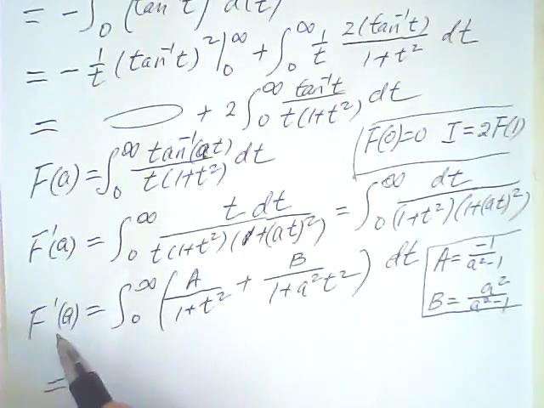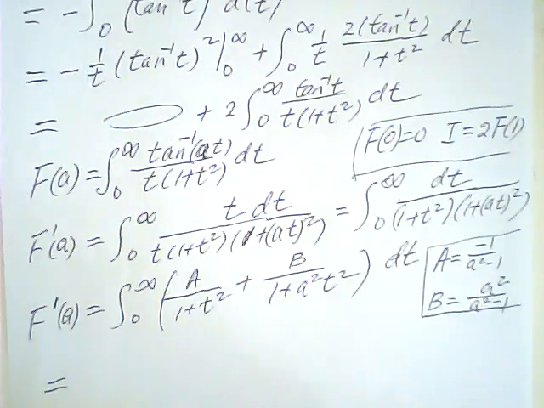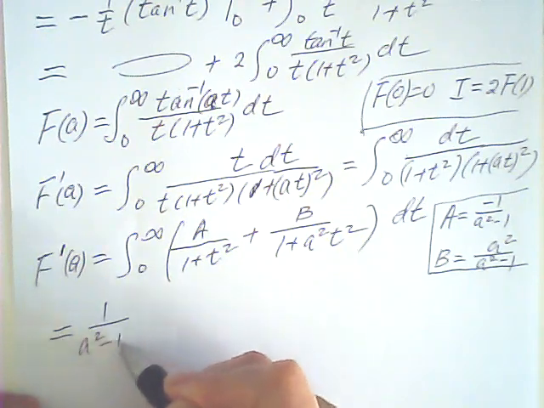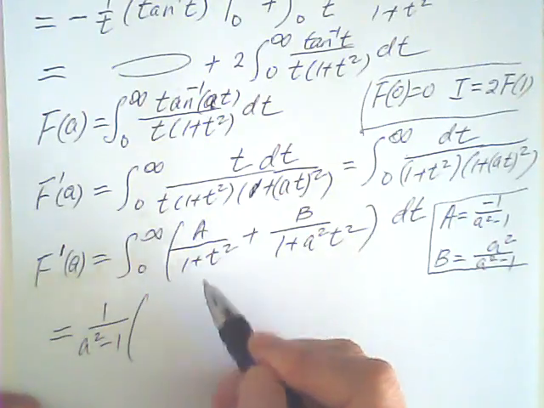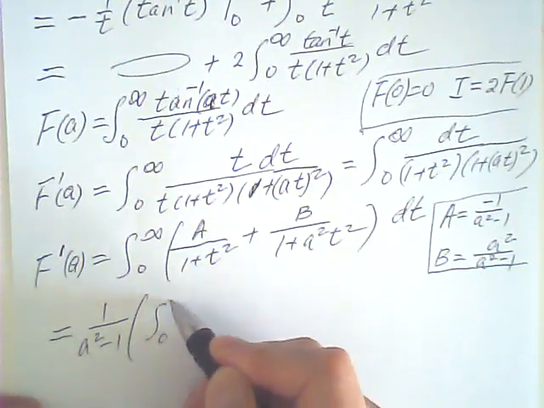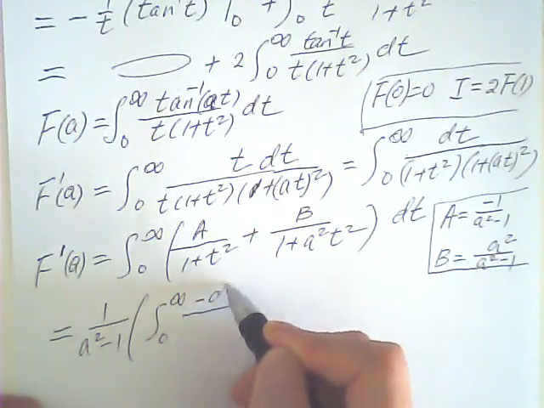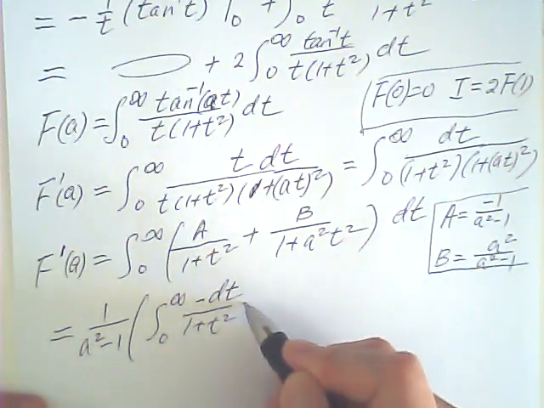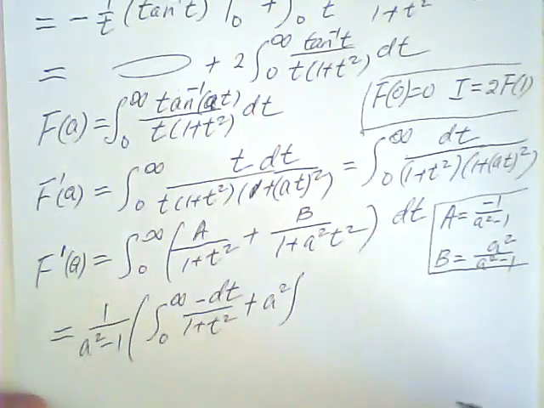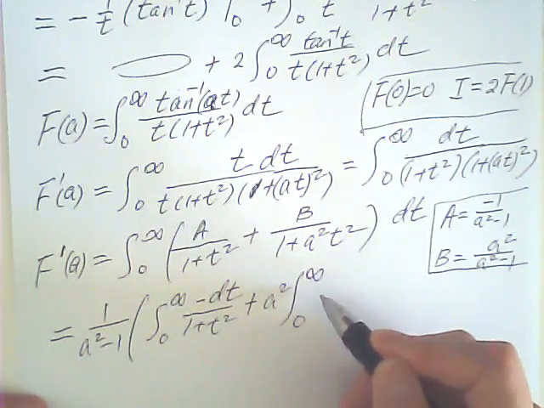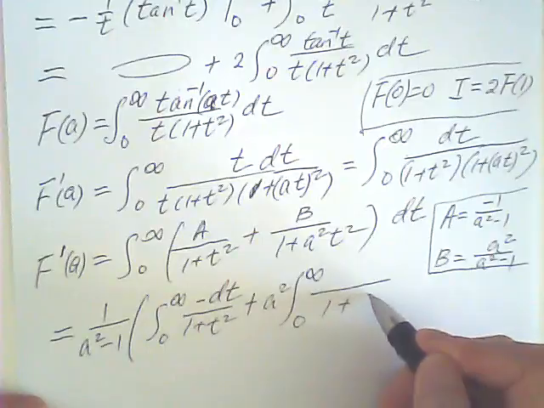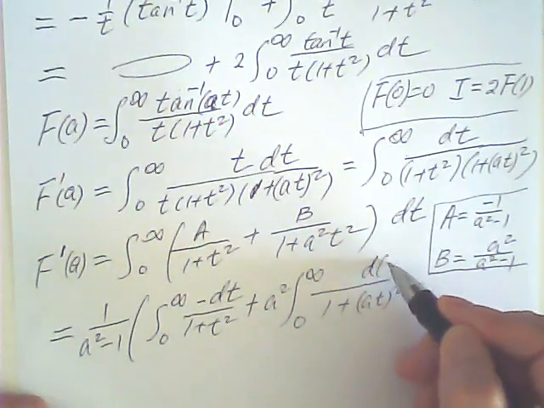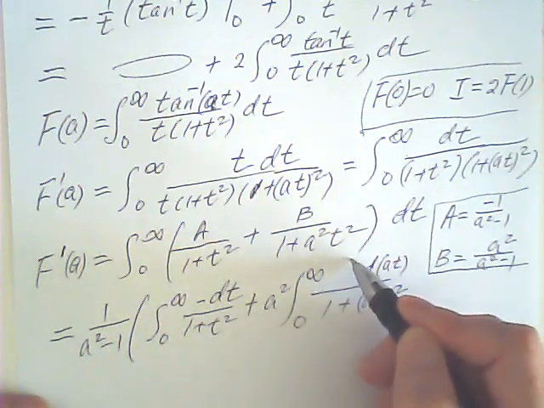Therefore, my integral f prime of a becomes, with the common factor a squared minus 1, negative integral dt over 1 plus t squared, plus a integral dt over 1 plus a squared t squared. And I change the dt to d(at) and multiply by 1 over a.